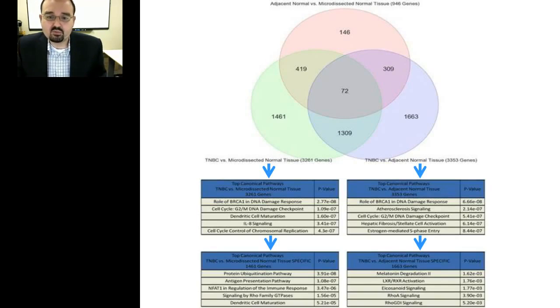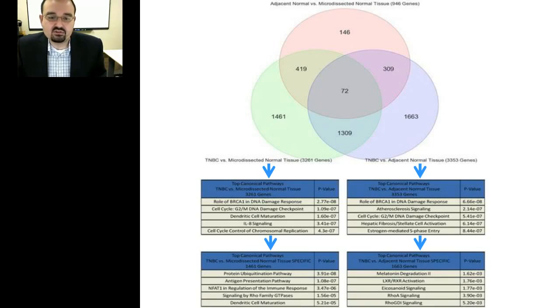On the right side, when we compare to adjacent normal, we see some of the same pathways we see when we compare to microdissected normal, like BRCA1 and cell cycle. But we also see other pathways more indicative of stroma, like atherosclerosis, hepatic fibrosis, and estrogen-mediated S-phase entry. The stark difference in these two controls becomes more evident when you look at pathways that are very specific to each analysis, that is, of the genes that do not overlap on the Venn diagram.